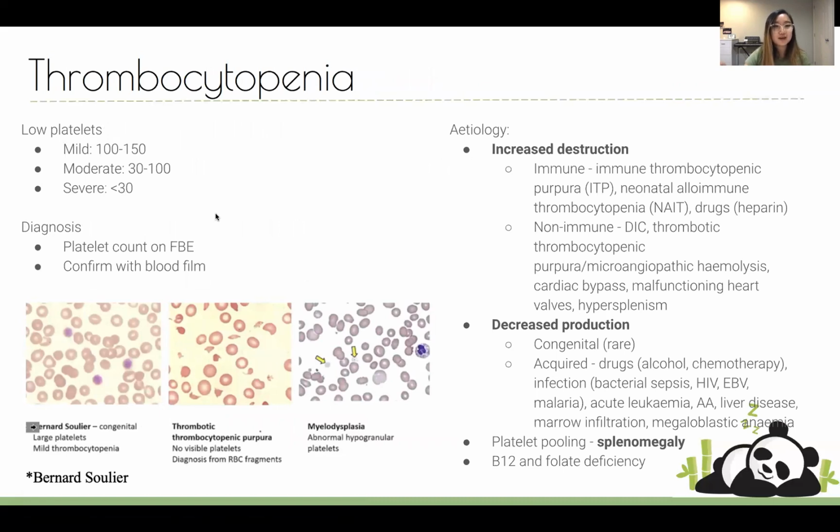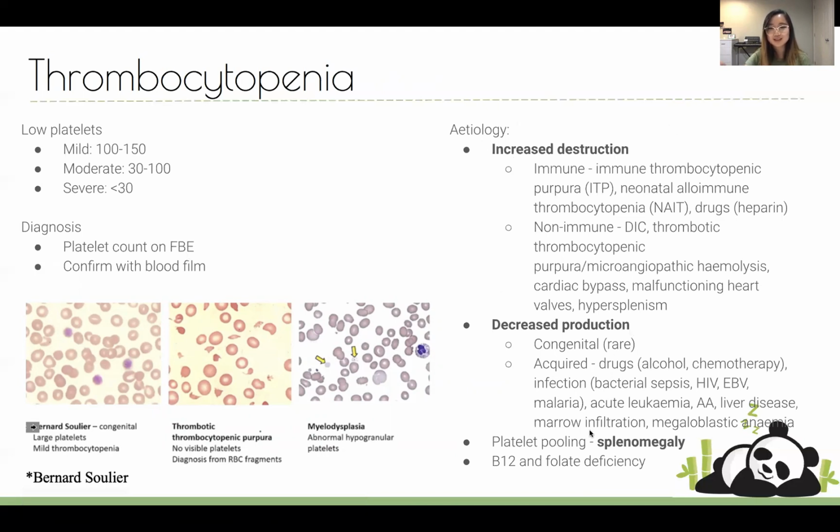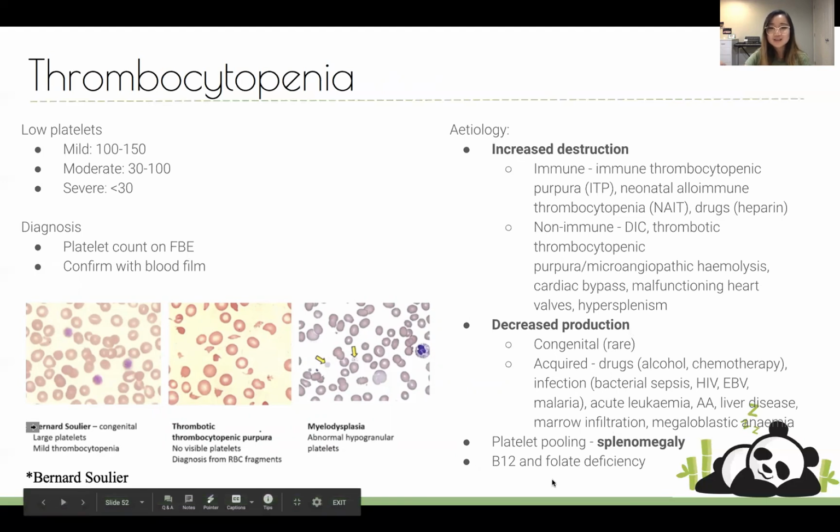Thrombocytopenia is when you have too few platelets, be it mild, moderate, or severe. You diagnose that via an FBE and confirm with a blood film. For etiology, I don't think you have to know this much, but it's good to think it through via increased destruction, decreased production, and then other causes.